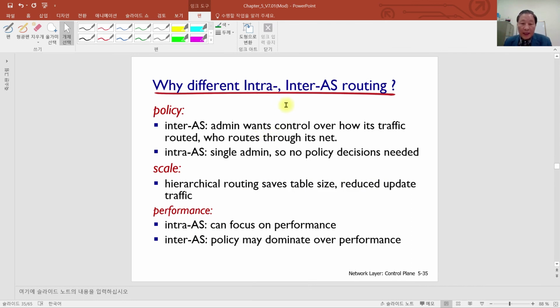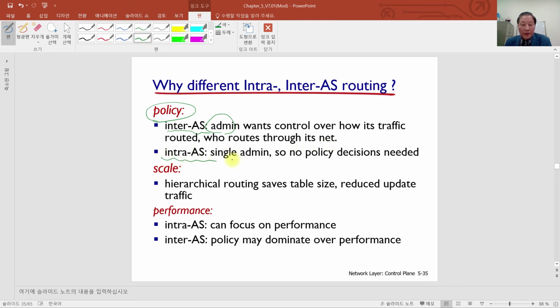Why do we use different inter-AS routing? Let's think about policy. We learned a little bit about this. For inter-AS, the administrator wants control over how traffic is routed and who routes through its network.